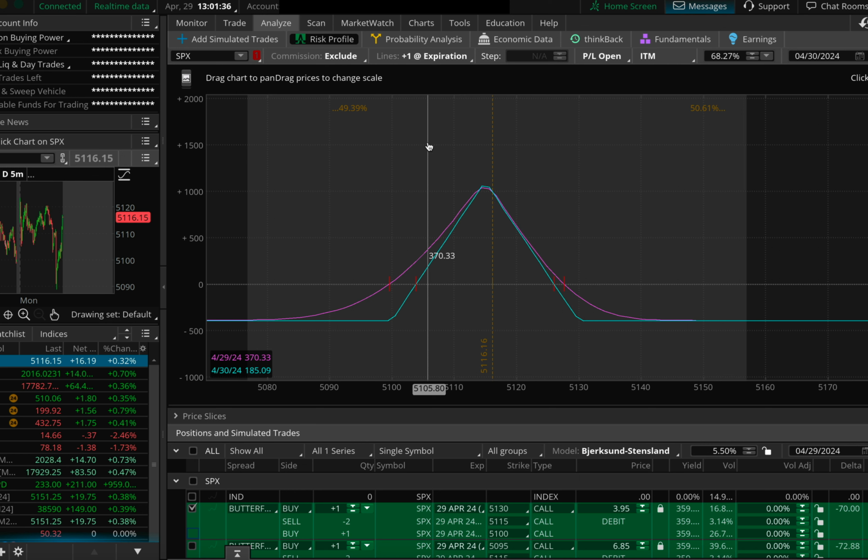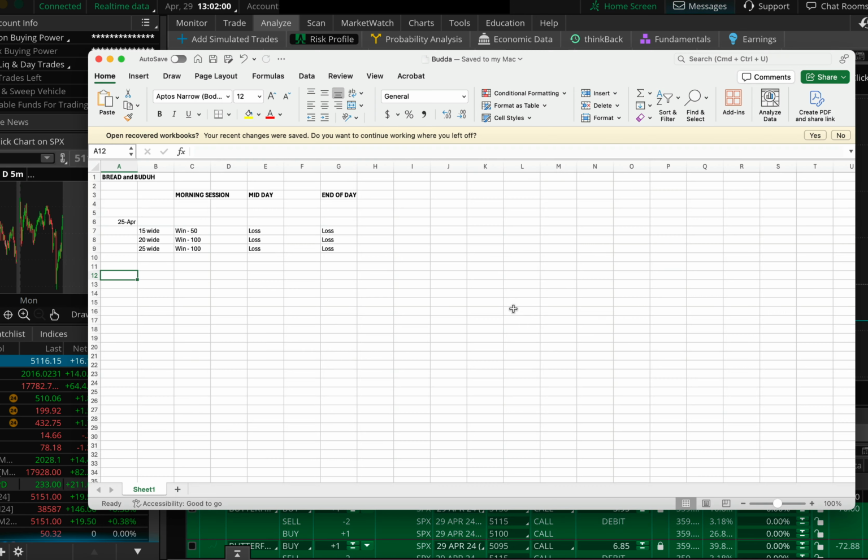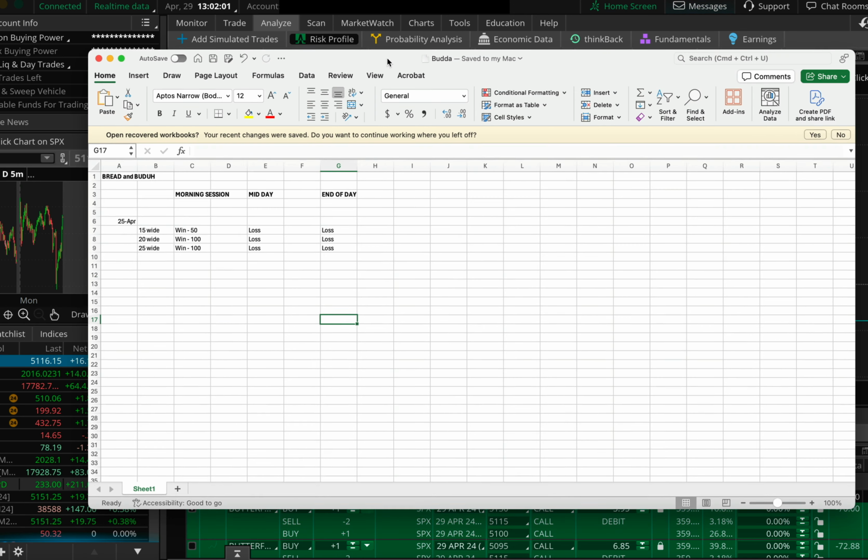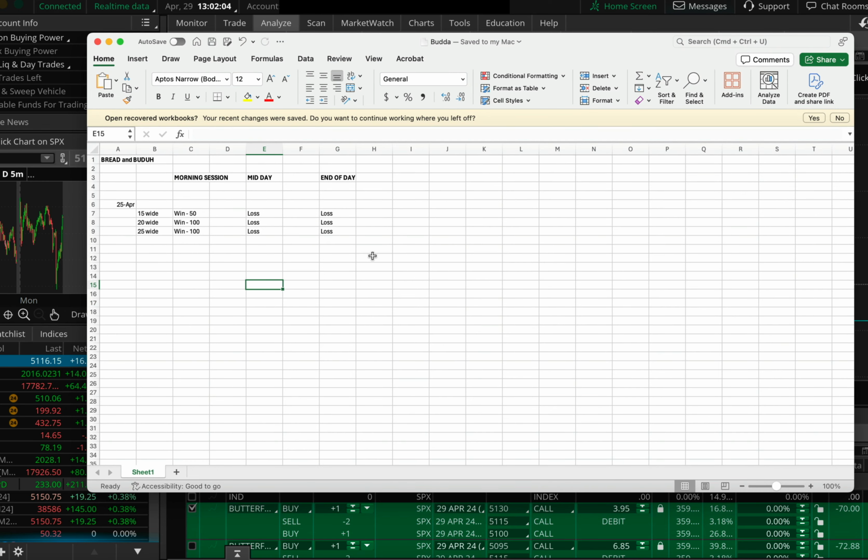So let's see here. I need to update my Excel sheet, and I think I'll update that later this evening, and then we'll just start to do it live tomorrow, every day after the trade. I've got to figure out how I'm going to lay these out on that Excel sheet. But let's see, what do we have so far? So we have a total of 3 trades now.